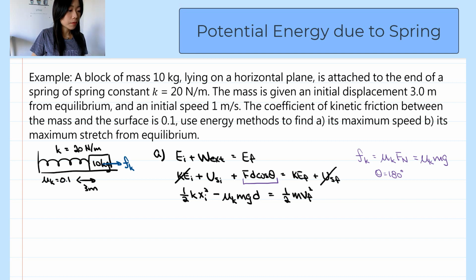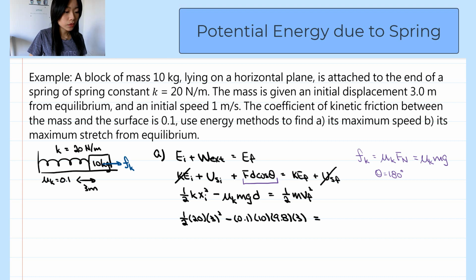Now let's substitute some numbers. The first term is half times the spring constant, 20, times the initial displacement squared, that is 3 squared, minus the coefficient 0.1, mass 10, and g, the constant 9.8, and the distance traveled is from the initial point to the equilibrium point, that is 3 meters.